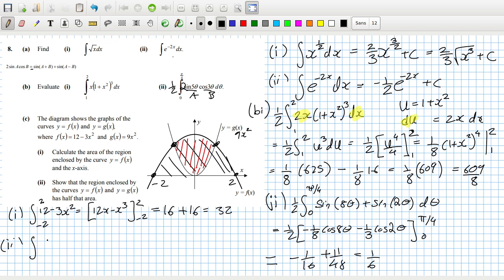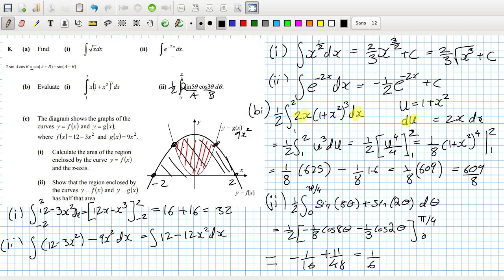The upper function, 12 minus 3x squared, minus the lower function, 9x squared, to get the in-between area. So that would be integration of 12 minus 12x squared dx.